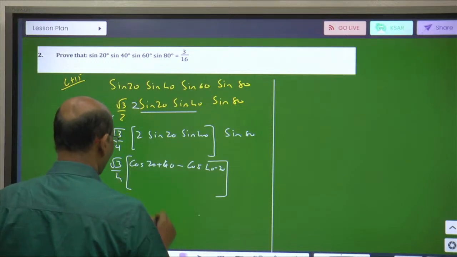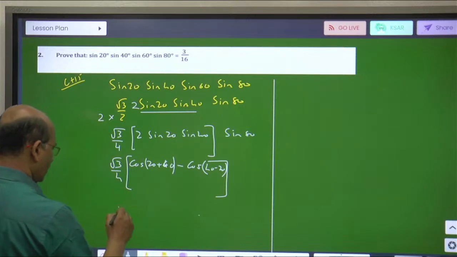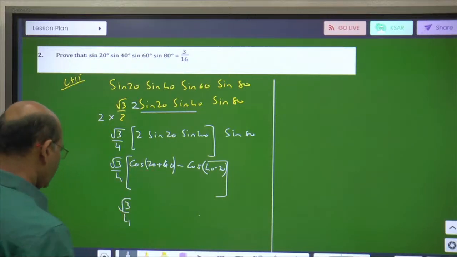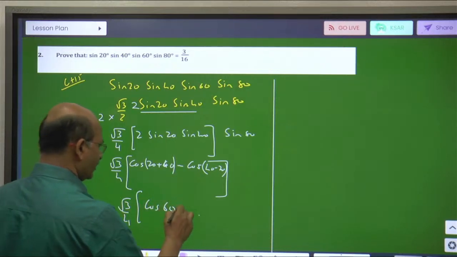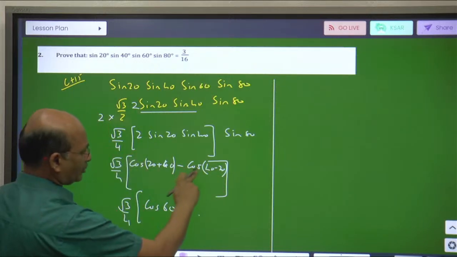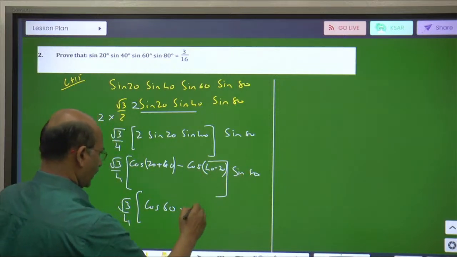Okay. Now what happens here? This is 20, this is 40 minus 20. So what happens? Root 3 upon 4 cos 60 minus cos 20, and there is sine 80, I forgot.